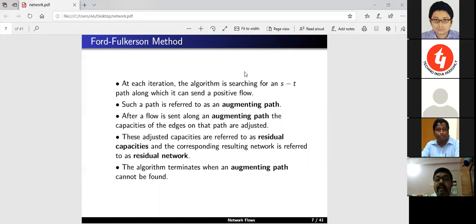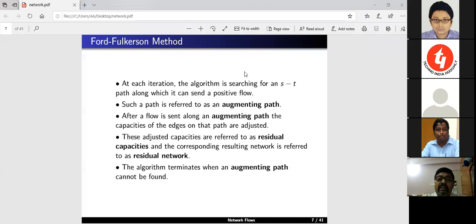And along this augmenting path, we can increase the flow. For every edge we have a value: for a forward edge, the value is the capacity minus the current flow, and for a backward edge, the value is the current flow.